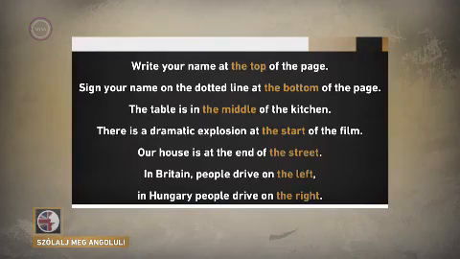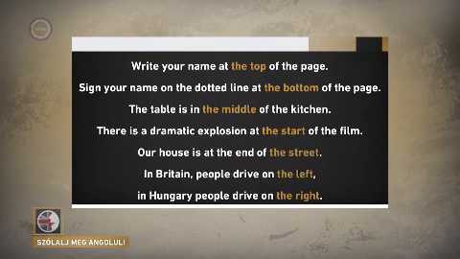And if you think back, a long way back to week 9, then you might remember that we use the definite article with the top, the bottom, the middle, the start, the end, the left, and the right. Write your name at the top of the page.